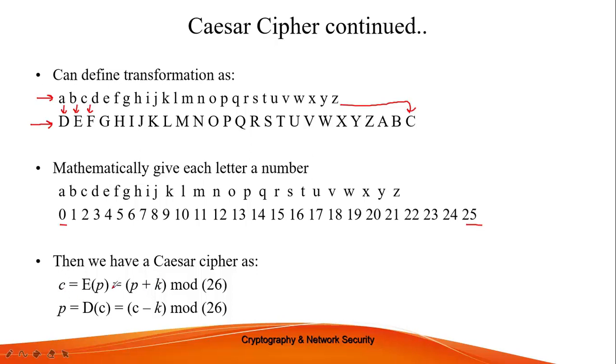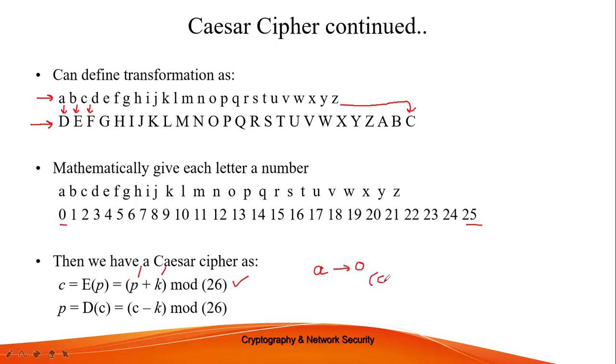Now, encryption here is C = (P + K) mod 26, where P is the plain text and K is the shift of 3 letters down. For example, take A. A is represented by the numerical value 0.